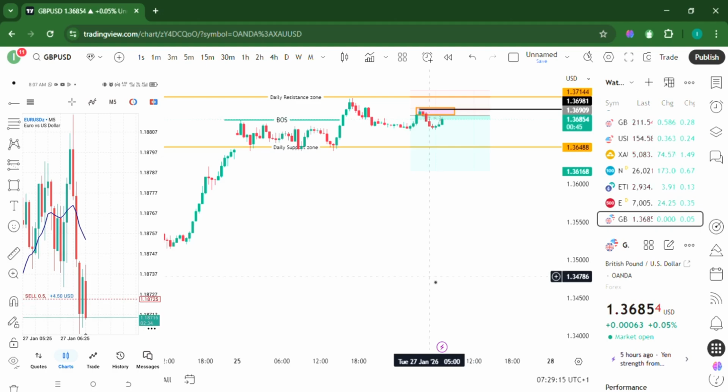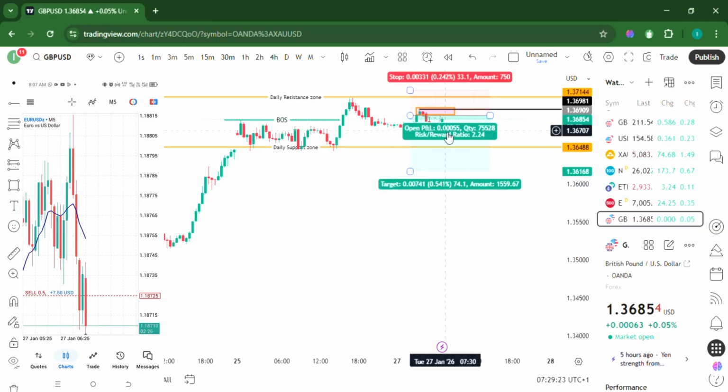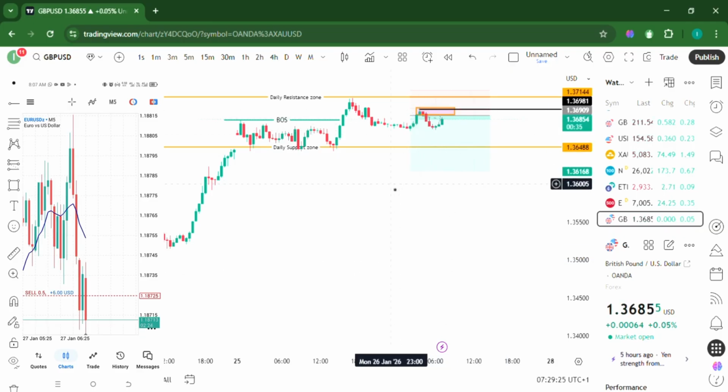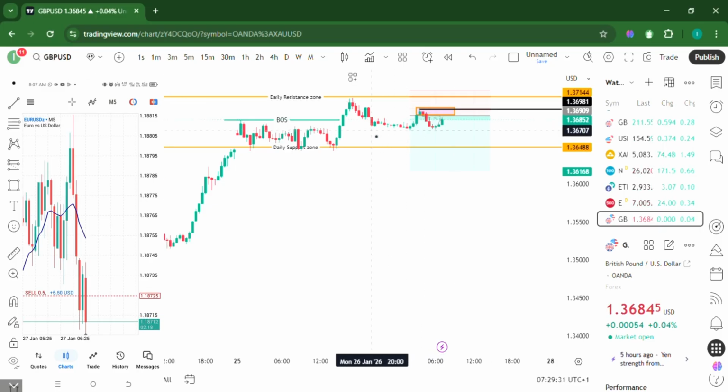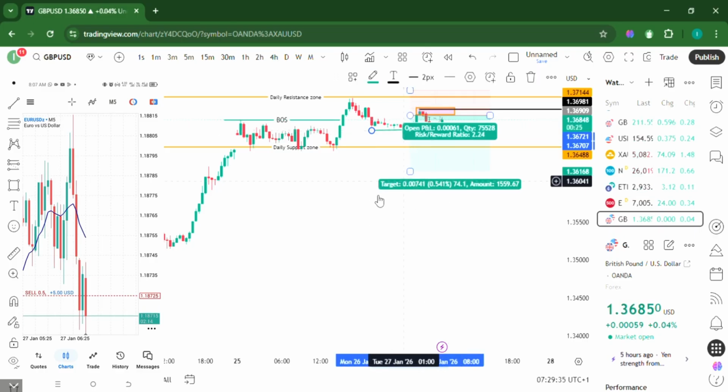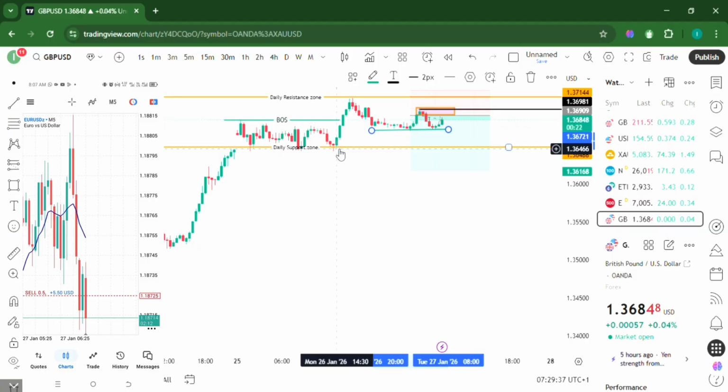Let's look at the indicators that help me confirm my bias and see if the market makers actually have interest in the downside. Around this area, all of these are liquidity areas, as well as these ones.